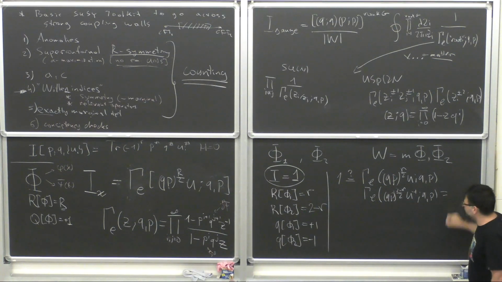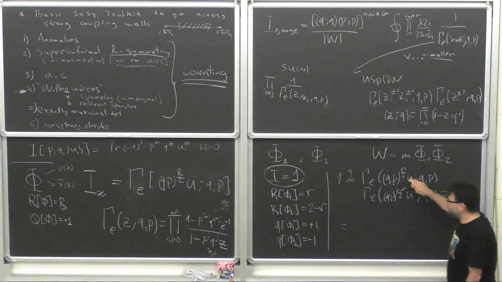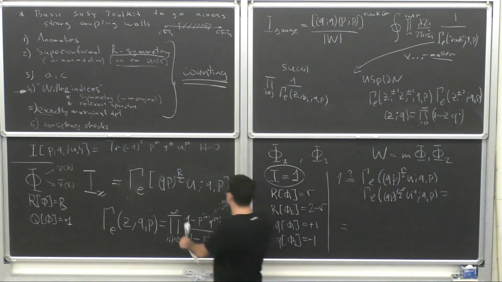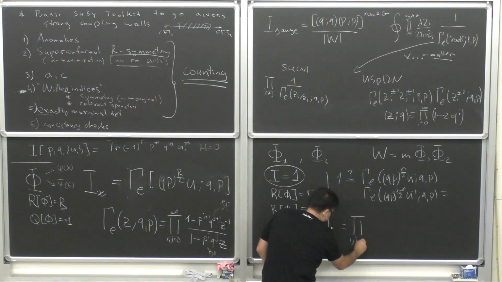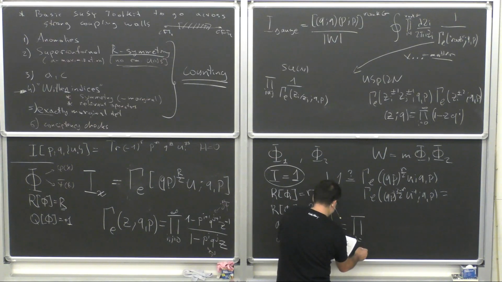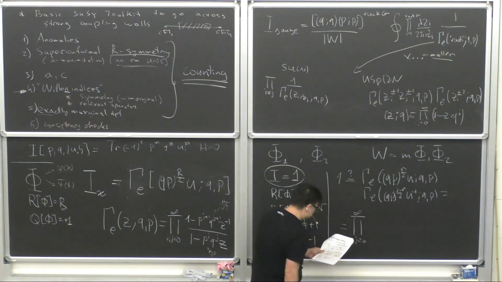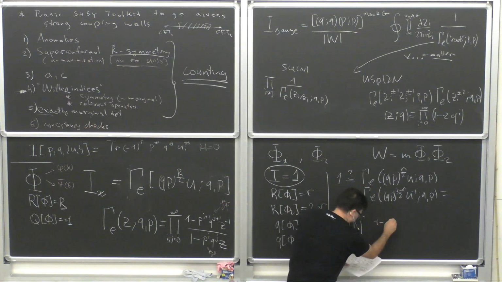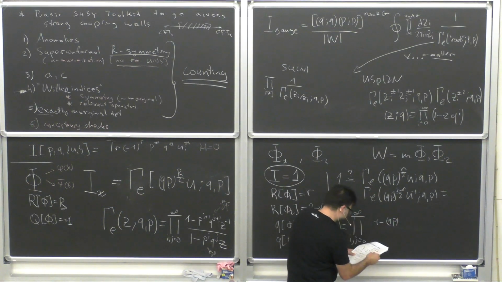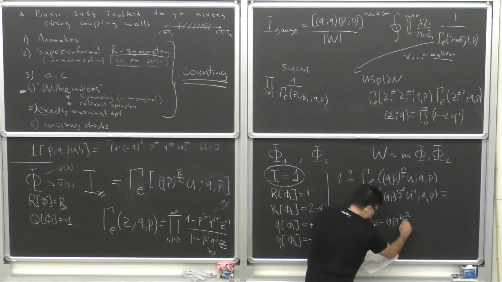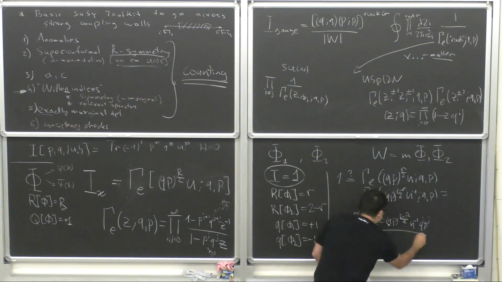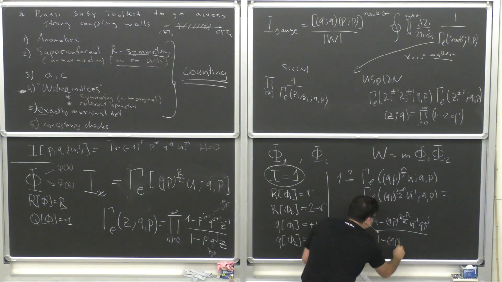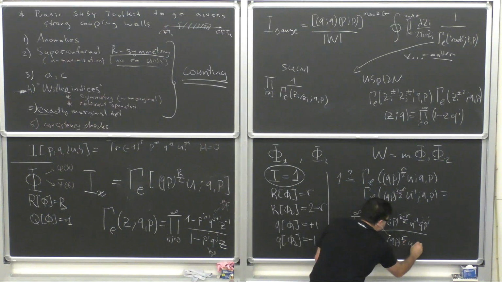But now let us see what is actually happening. Let me write these elliptic gamma functions using these definitions. So what you will get is the following. Each one of them is a double product over i and j from 0 to infinity, and then we have 1 minus QP to the power 2 minus R over 2 U minus 1 Q^i P^j over 1 minus QP to the power R over 2 U Q^i P^j.